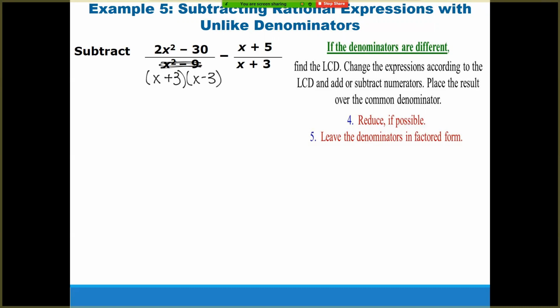The second one only has 1. Which one's missing? The x minus 3 is missing, so we're going to multiply the top and the bottom of the second fraction by x minus 3. So that is our least common denominator, x plus 3, x minus 3.